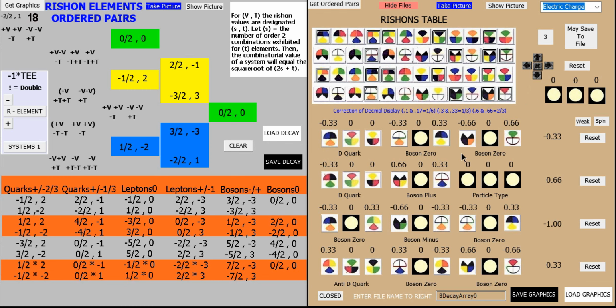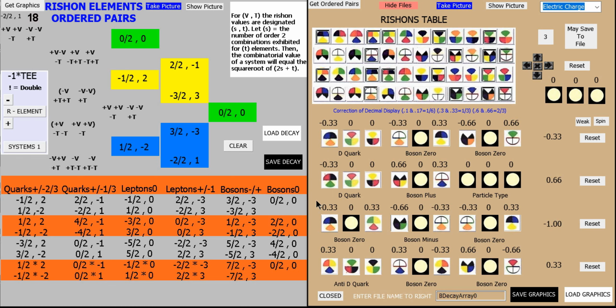Looking at the electric charge for the B quark, we'll see that the electric charge for the generic D is given by the anti-T Rishon of -1/3, and there's no contribution by the two neutral bosons. And we will see that it will be corresponding opposite quanta for the anti-B quark.